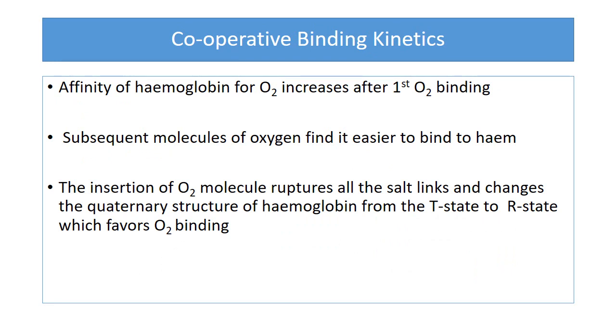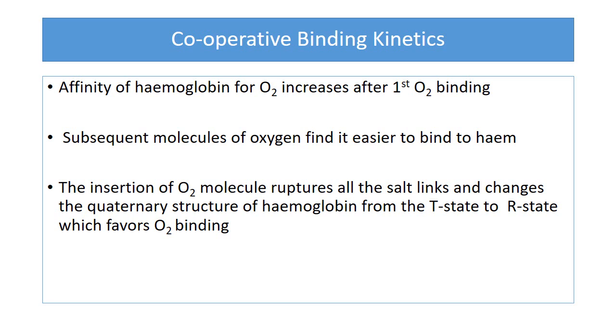During cooperative binding kinetics, when one molecule of oxygen combines with hemoglobin, the affinity of hemoglobin for oxygen increases, and the subsequent molecules of oxygen therefore find it easier to bind to the heme moieties. There is even a 500-fold increase in oxygen affinity.